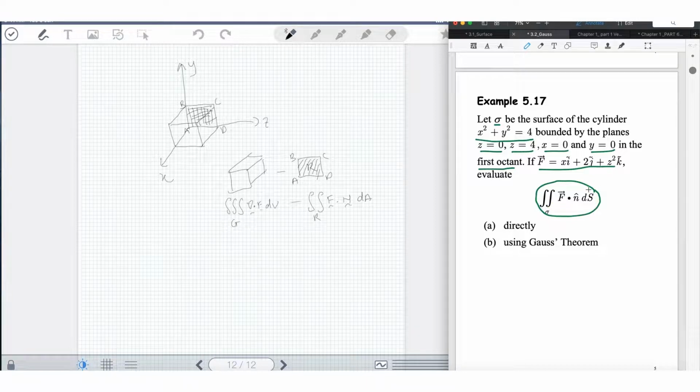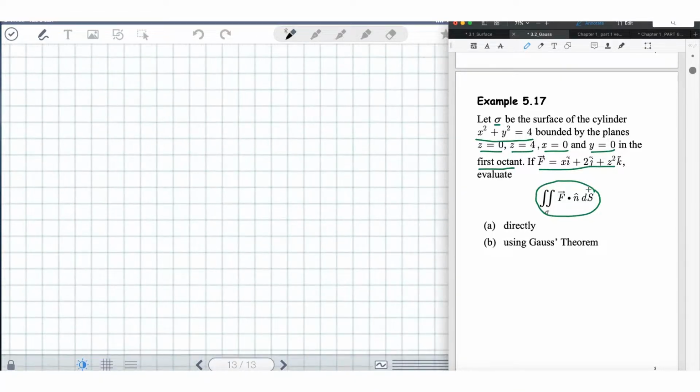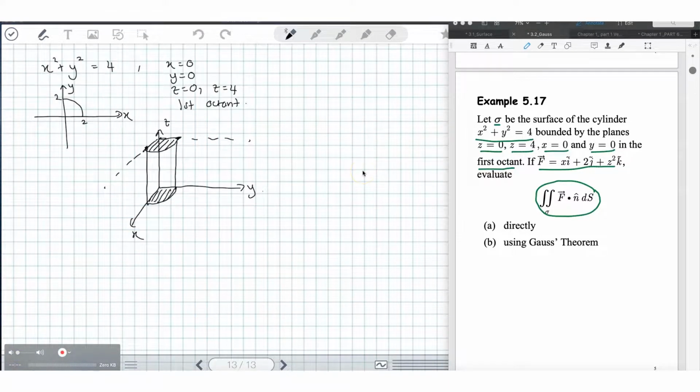So now we want to check whether we have a closed surface or not. Then you have to sketch. I'm sure you have no problem sketching this. Just to take precautions, list down all the information provided, otherwise it is easy to get the sketch wrong. So you have the planes and also the curved surface given by x squared plus y squared equal to 4.